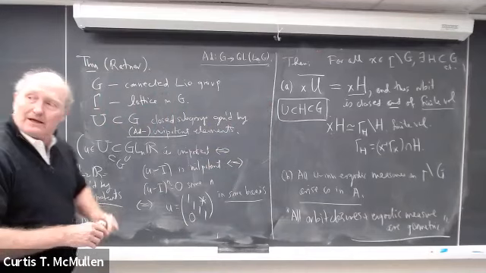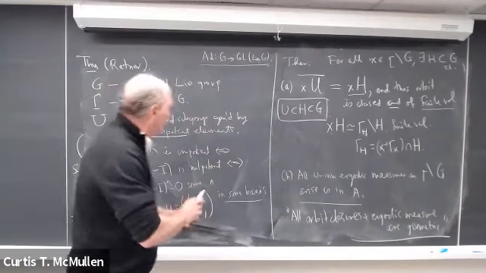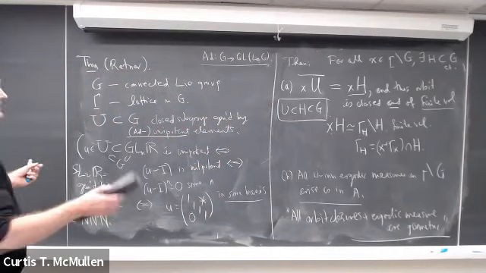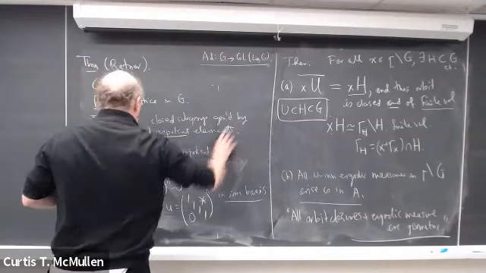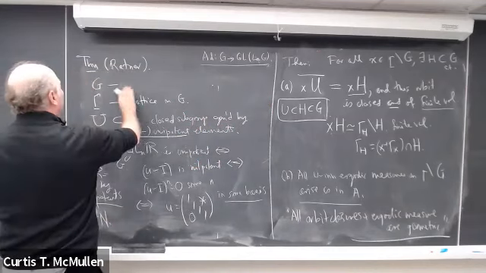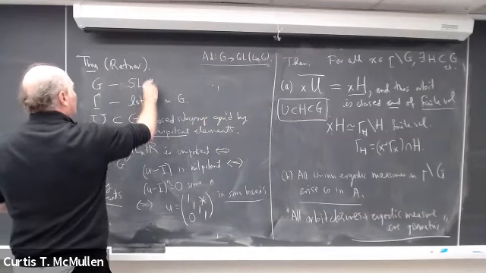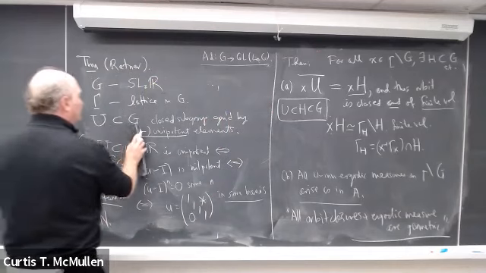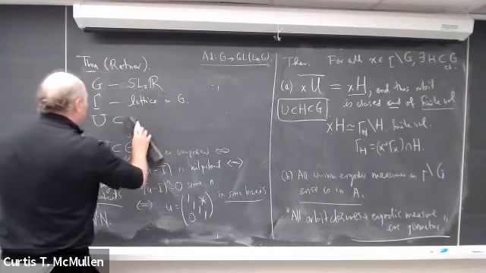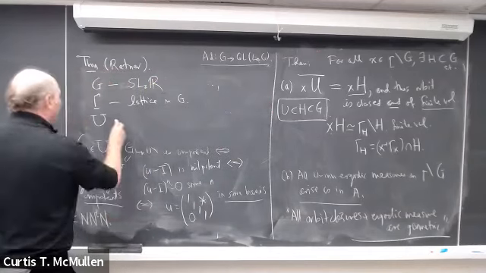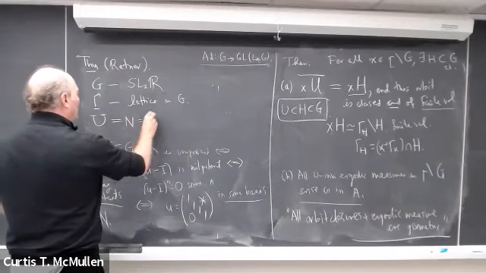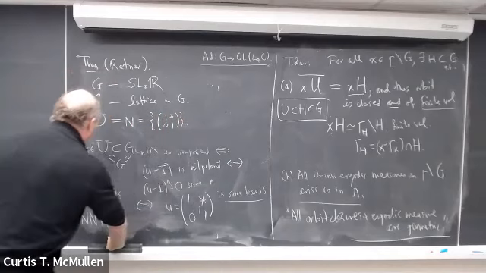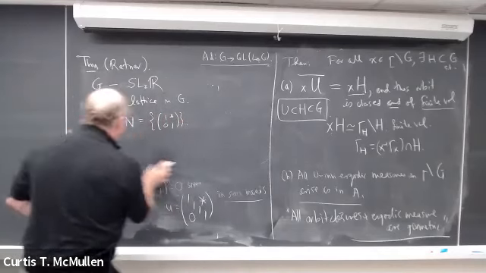Okay, so I'm over time, but let me just finish by pointing out the prime example that we've seen of this already. If G is our favorite Lie group, SL2(R), gamma is some lattice in G, and U contained in G, we might as well take this to be equal to N. This is our favorite unipotent group, (1 * / 0 1). Then what does part A say?